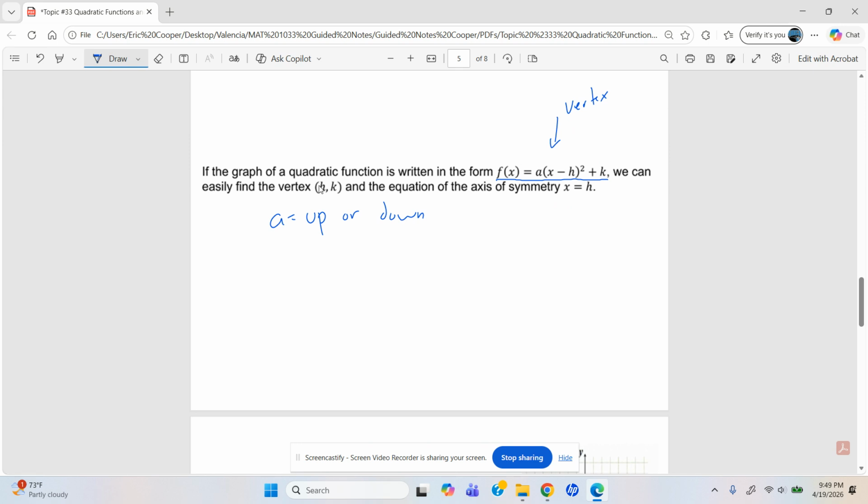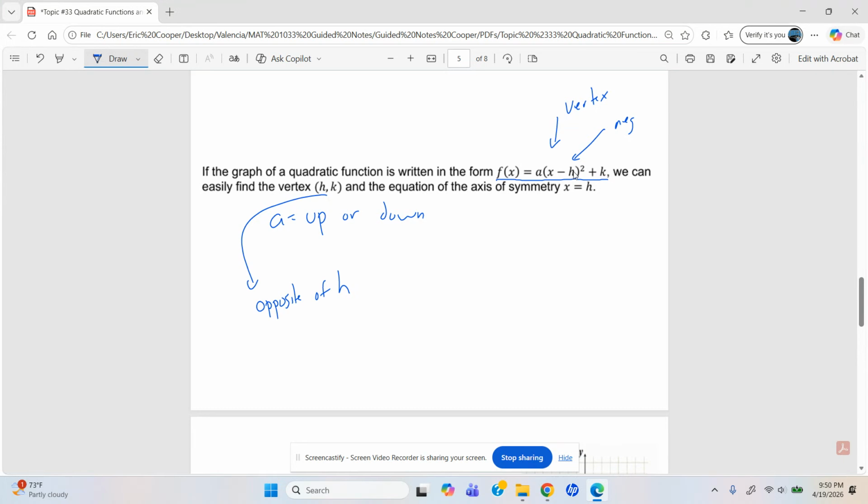But in this case, the vertex is h and k. Now, one thing I always like to point out, for a vertex being h and k, we always want to do the opposite of h, because if we notice here, h is negative, but here h is positive. So whatever we see here, we're going to take the opposite and call that our vertex.